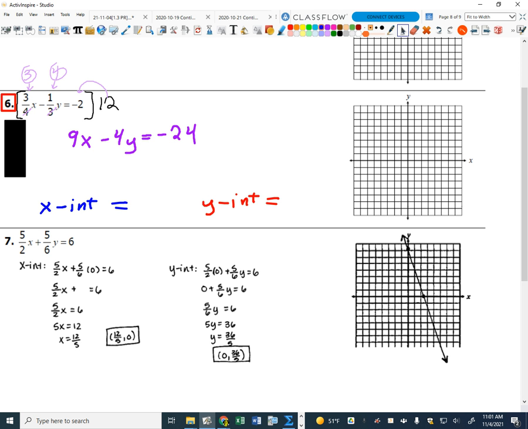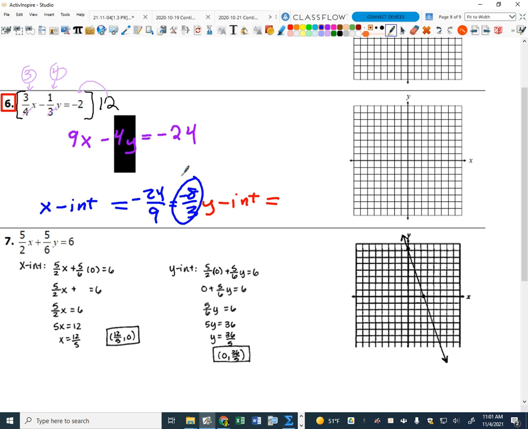Does that make sense? So if I cover up the y term and solve for x, what do I get? 9x equals negative 24, so x equals negative 24 over 9. Agreed? Okay, so negative 24 over 9. I could reduce that, though. I could divide 3 into both of those and get negative 8 thirds, right?